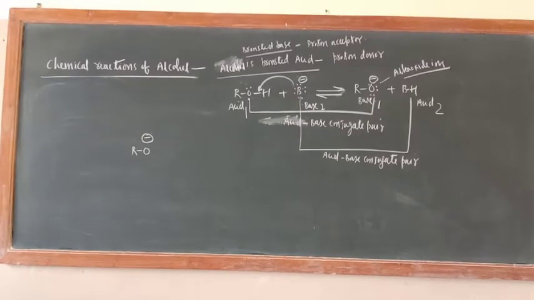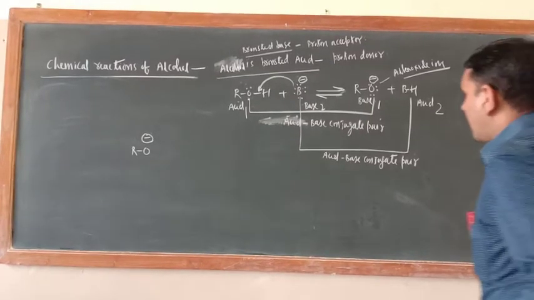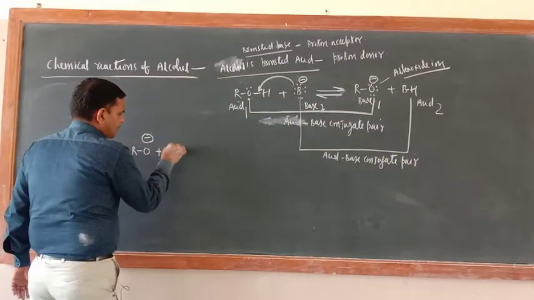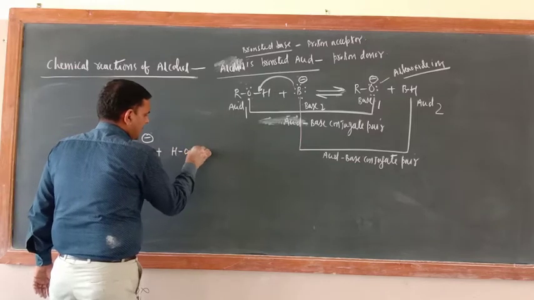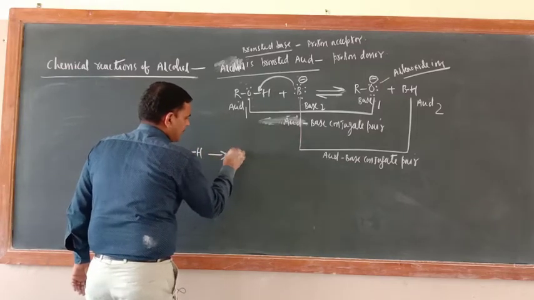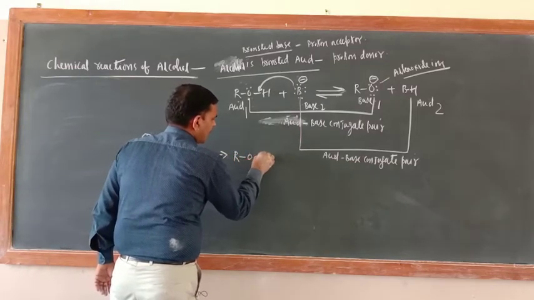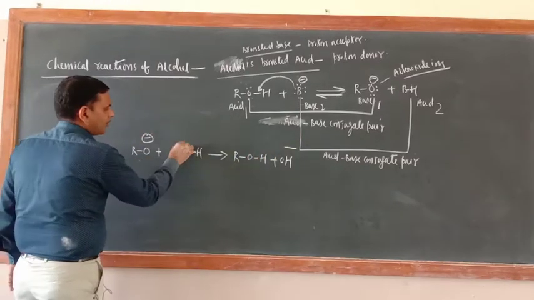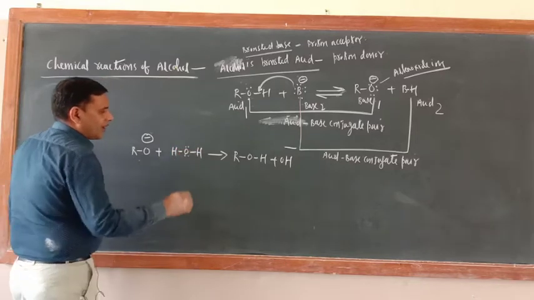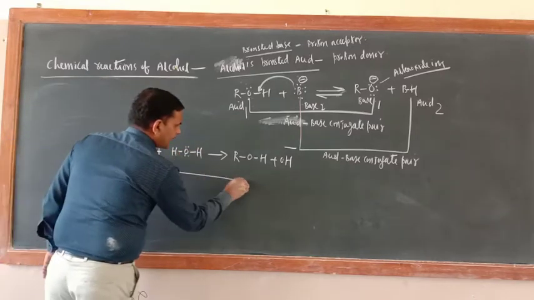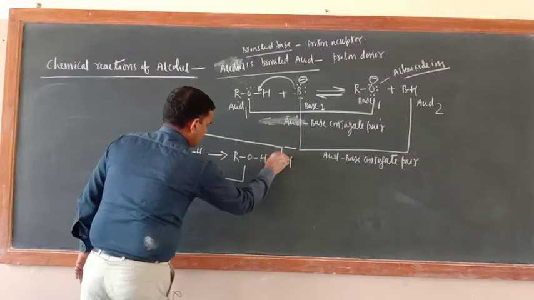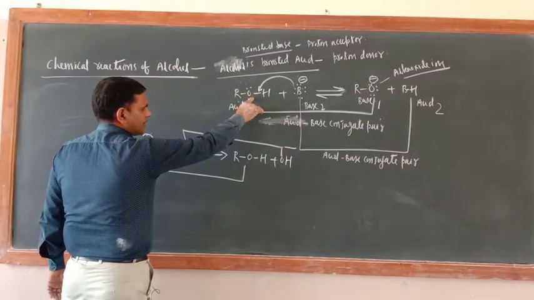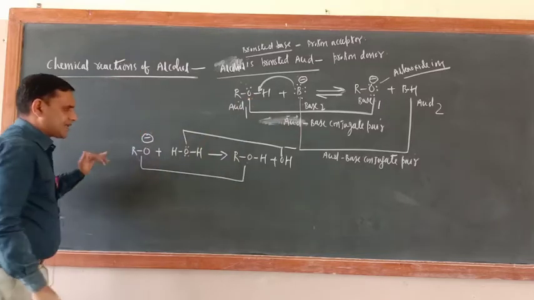So in alkoxide ion there is a lack of proton. If it is reacting with a compound which is a proton donor, very easily it will be converted into the starting alcohol. Just see, when alkoxide ion reacts with water, it forms alcohol, and we started with alcohol only here. So what is the inference of this reaction?